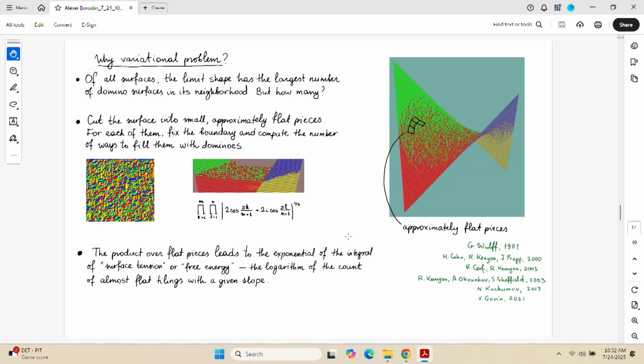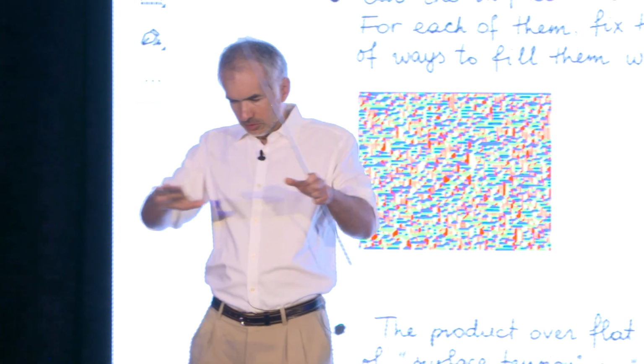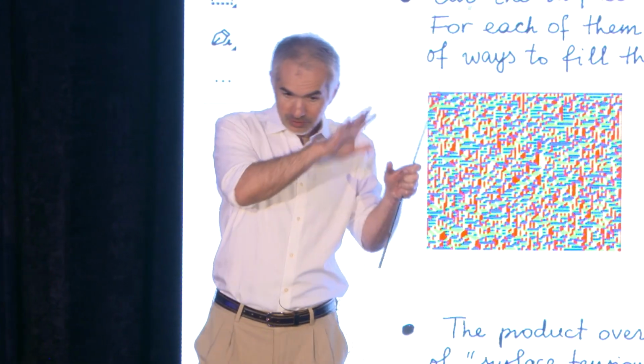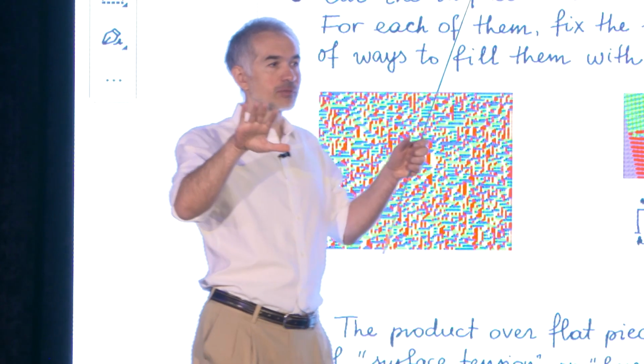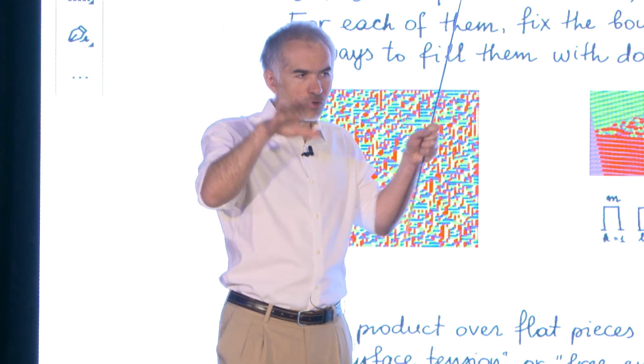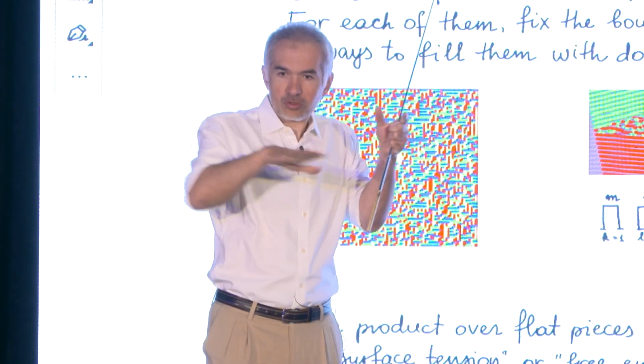So why a variational problem? Let me try to offer a quick explanation. Let's look at the limit shape. So what am I trying to do? If your random surfaces, these stepped surfaces, exhibit a limit shape, that means that almost all of them look like that.